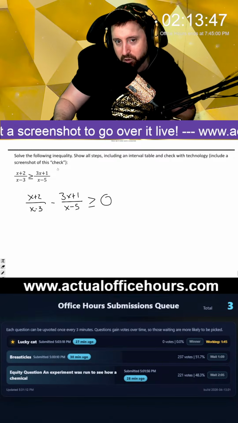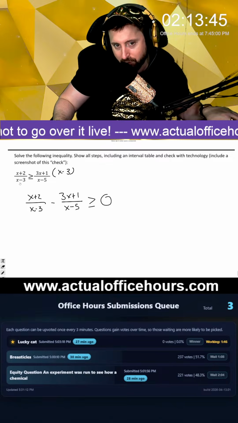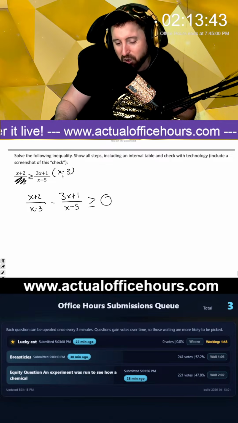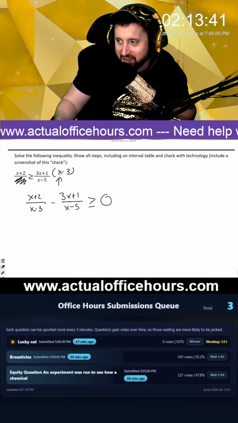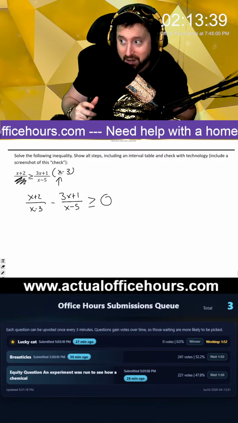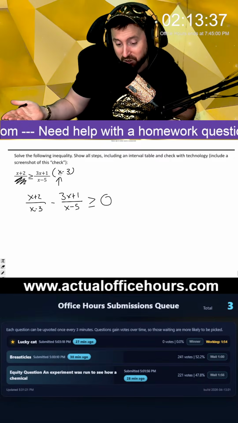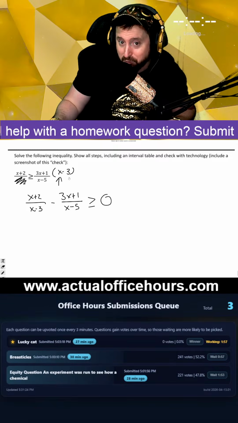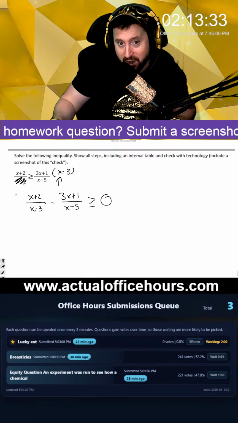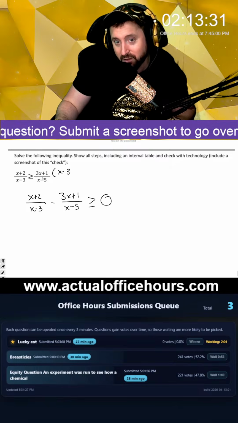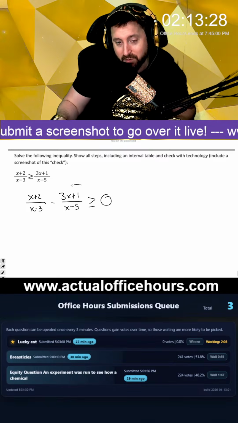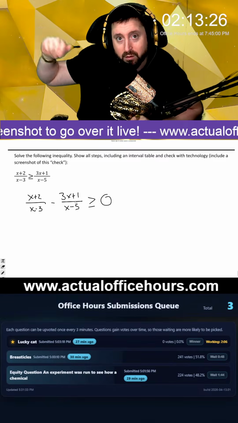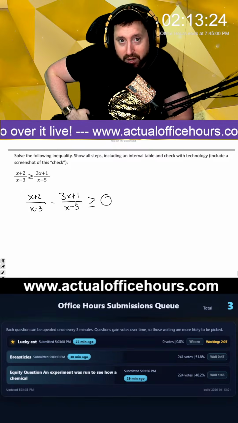If I multiply both sides by x minus 3, for instance, to get rid of this, the question is, was the x minus 3 positive or negative? That depends on what x was. If x was less than 3, then I need to also switch this. So with addition, you're totally safe. You could move addition around all day.